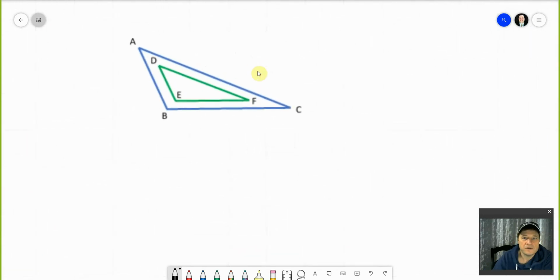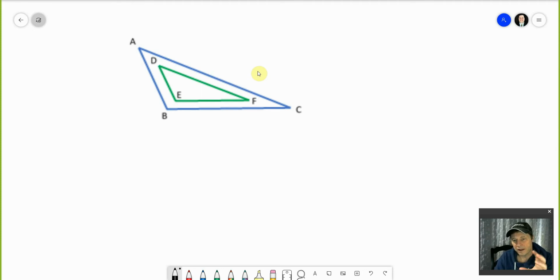So here we're going to talk about principle number 7. So how principle 7 works. The description here is two triangles are similar if their sides are respectively parallel. The one thing I need you to understand is what a similar triangle is. So here we have two triangles, triangle DEF and ABC.